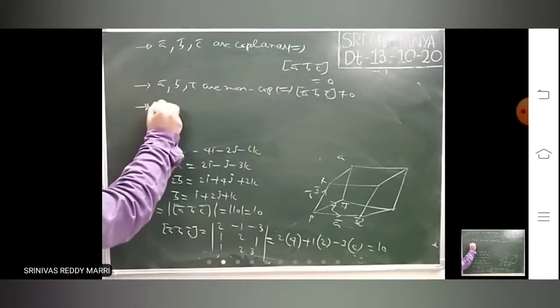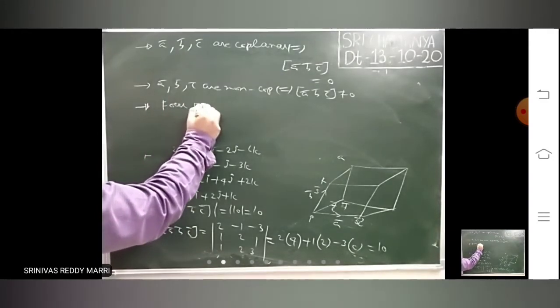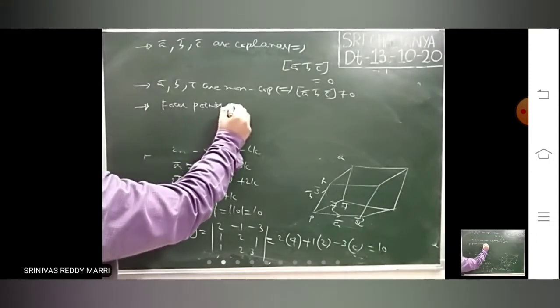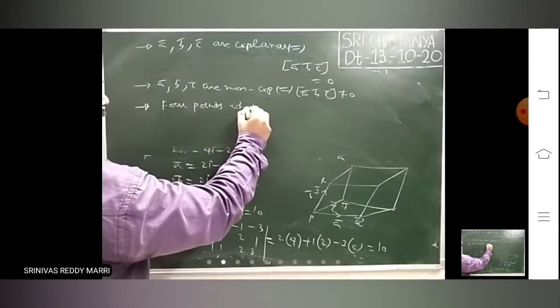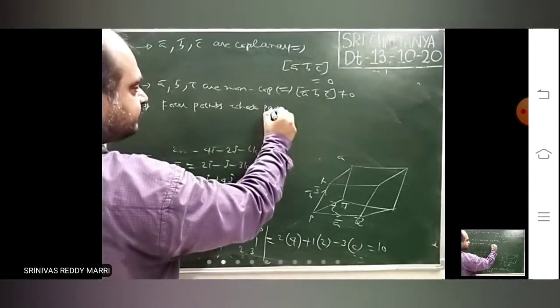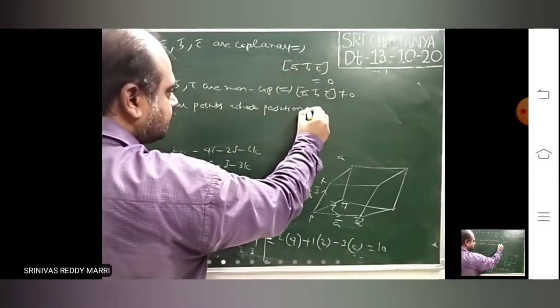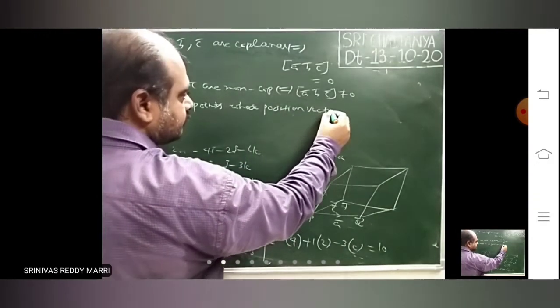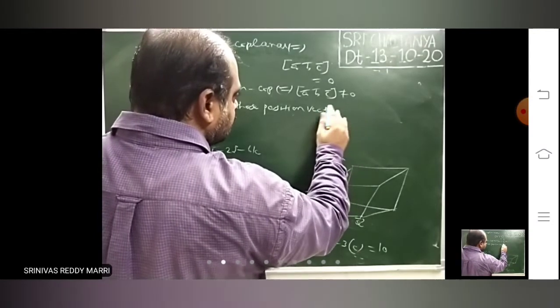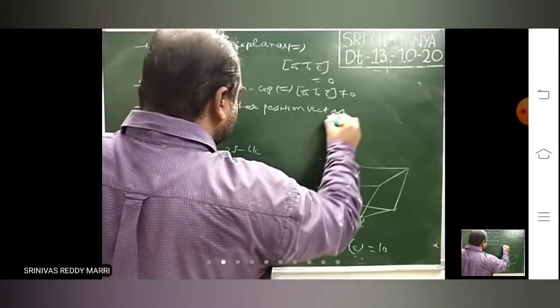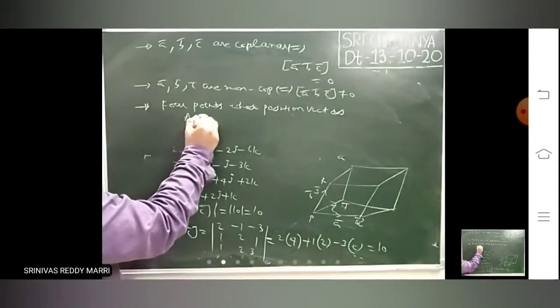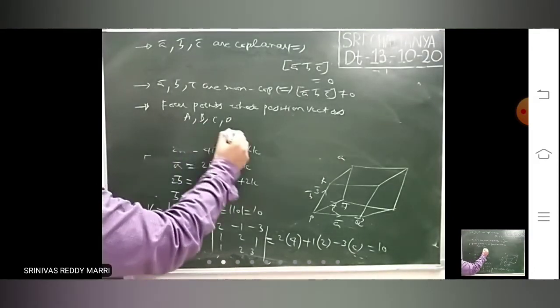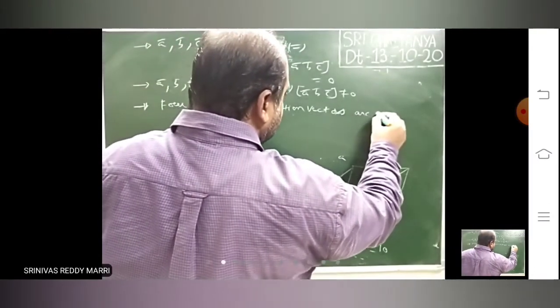Suppose 4 points, whose position vectors, 4 points A, B, C, D are given.